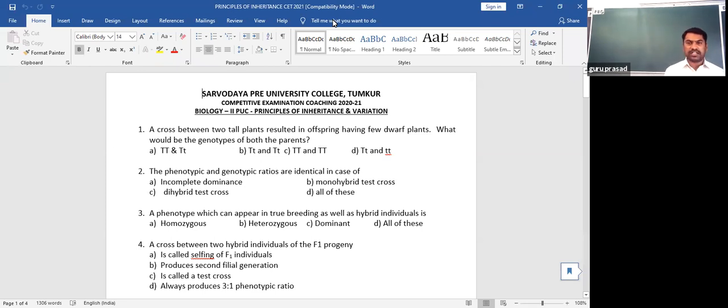Then the back cross, one more cross that we come across later on. And again, some deviations from Mendel's findings. After Mendel's work and after his death, his followers, his students, followed the same principles and experiments and found some new things that were not explained by Mendel.